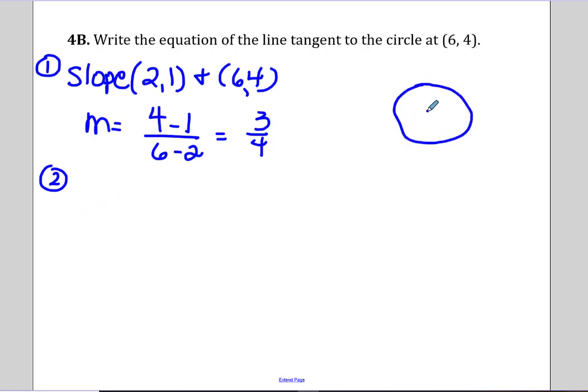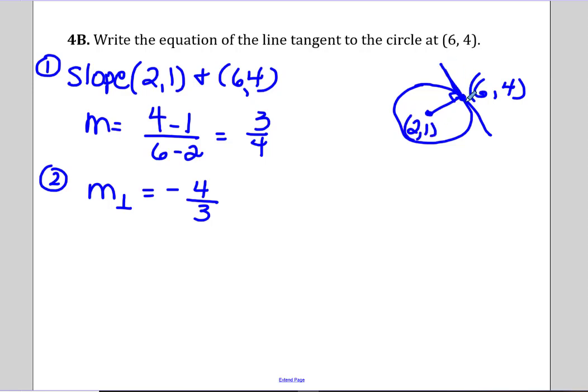Then we have to think about, for the slope to be perpendicular to the radius, so think about this. If we're here to here, and this slope is 3/4, then we want the slope here to be perpendicular. That slope that's perpendicular would be -4/3, and it's going to go through the point (6, 4), because this was our point (2, 1).